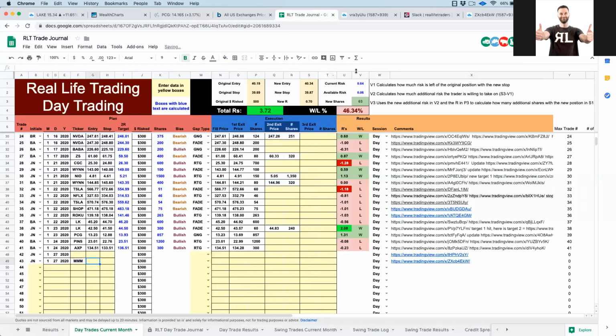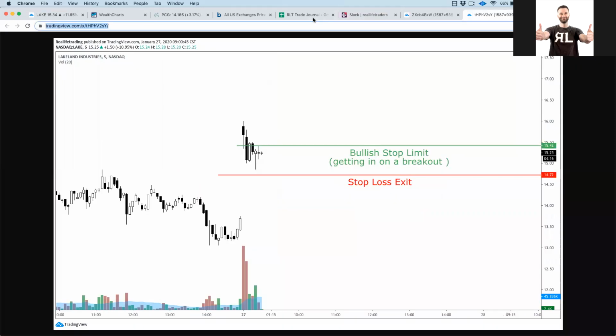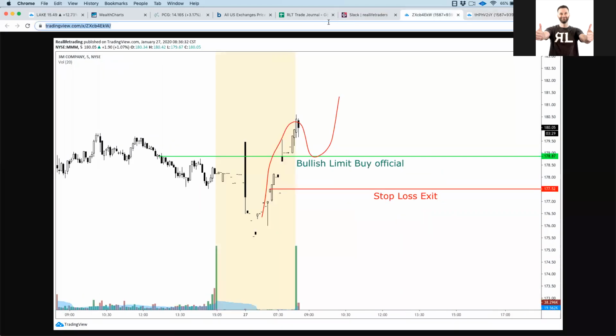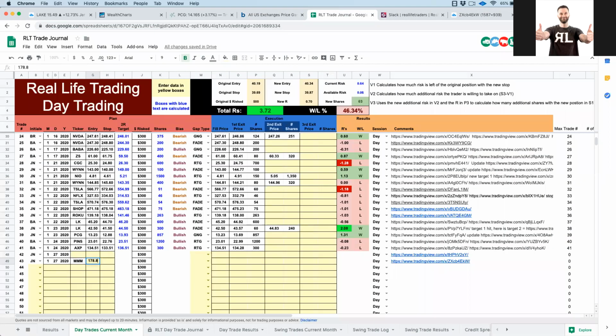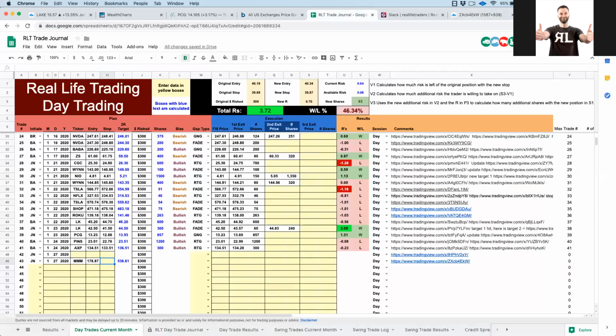This is 3M, and that's WIN. 3M at 178.87 with a stop loss at 177.52. That was supposed to be a gap and go, and it just did not go. That was a losing trade, 177.52.